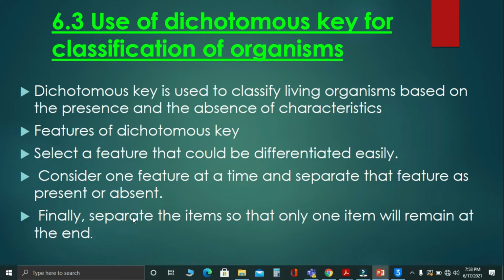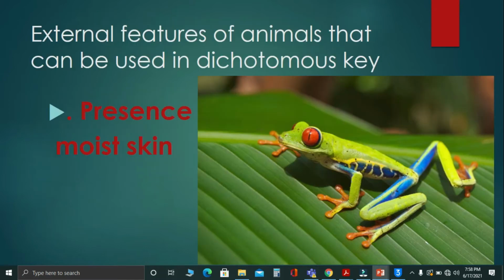These are the features of a dichotomous key. I think you have an idea about that. We will look at the features. What are the features that can be used to classify these organisms by using a dichotomous key? Presence of moist skin.